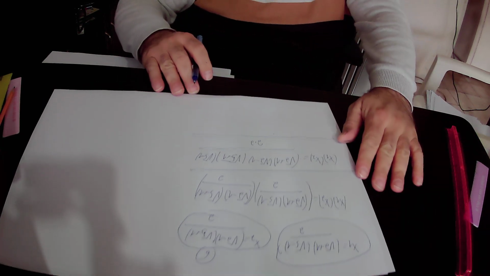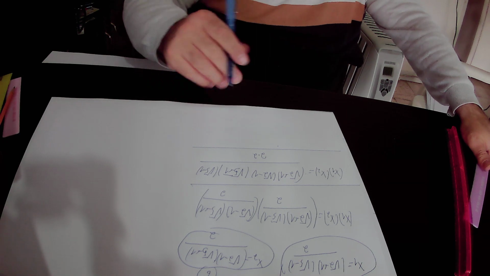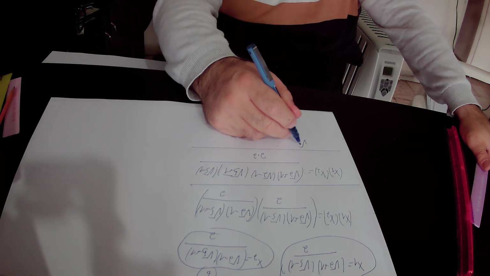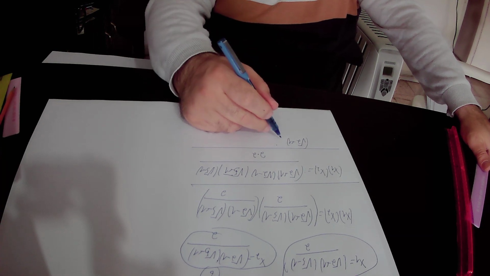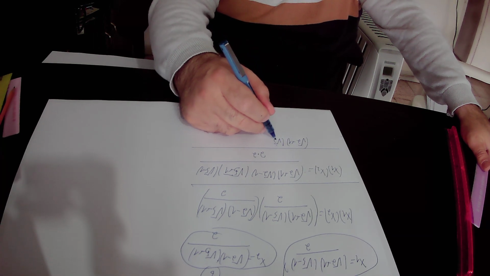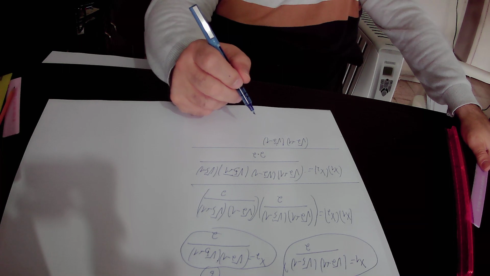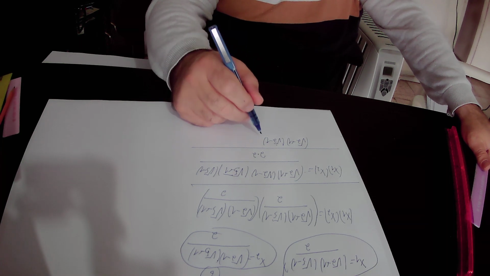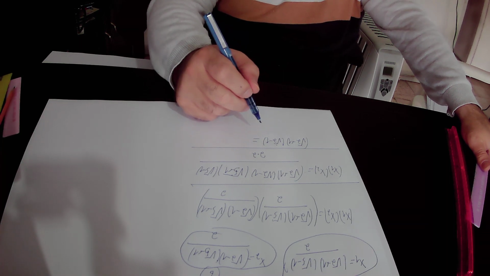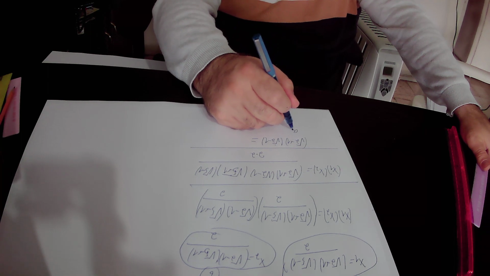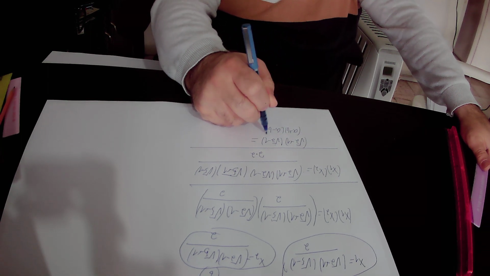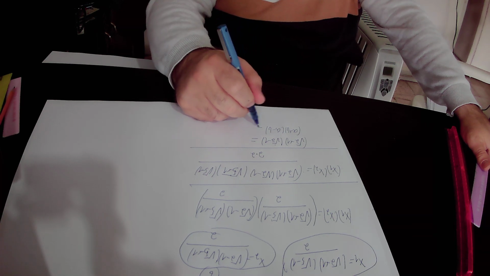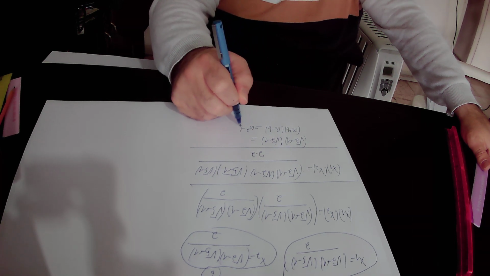So we'll calculate the value of the expression square root of 2 plus 1 times square root of 2 minus 1 according to the algebraic identity that states that a plus b times a minus b equals a squared minus b squared.